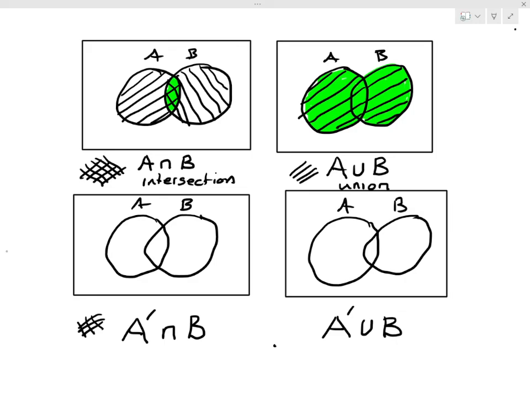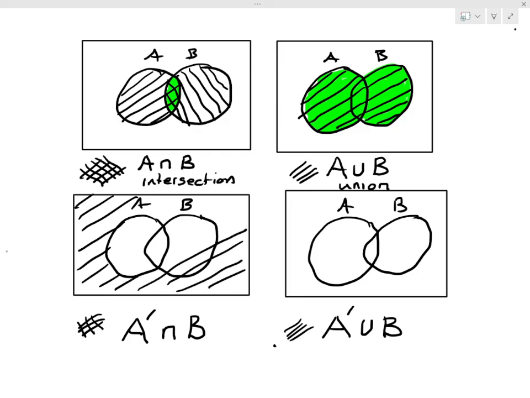And that one we just do the straight ones. Okay, so everything that's not in A is all this stuff around the outside, all the way through the B. So everything apart from the actual circle A itself.